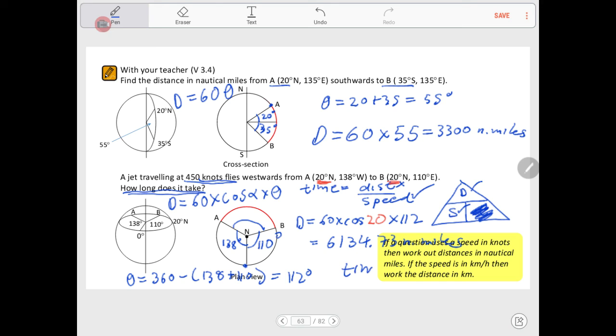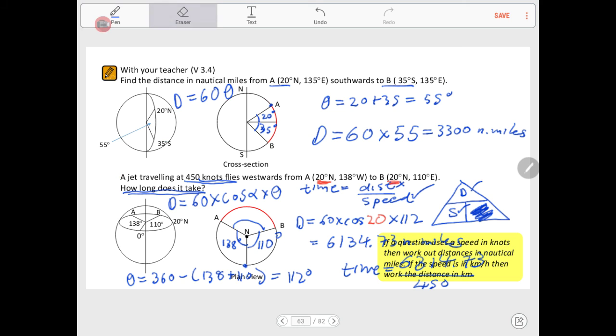Okay, so to get the time, we divide distance by speed. So time equals that distance, 6314.73, divided by the speed of 450 knots. And that gives us 14.0327 hours. Okay, so I'll just write that down up here.